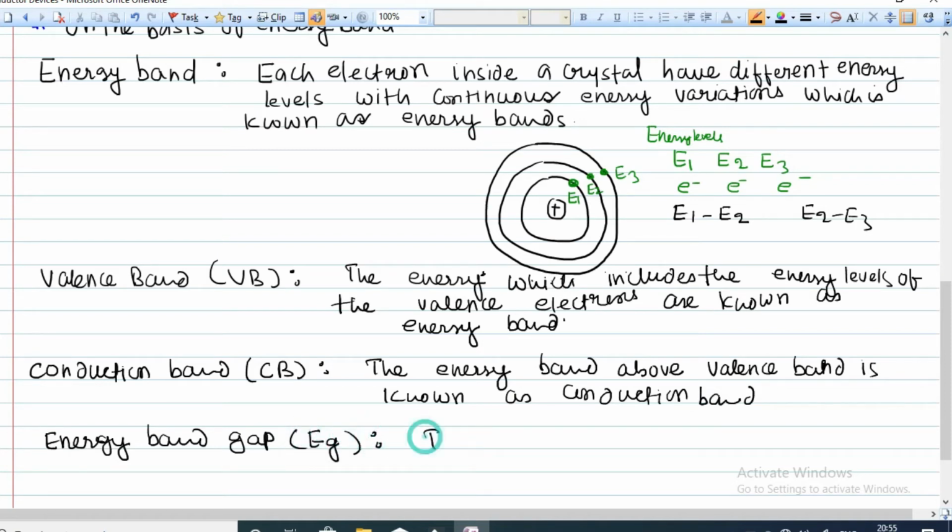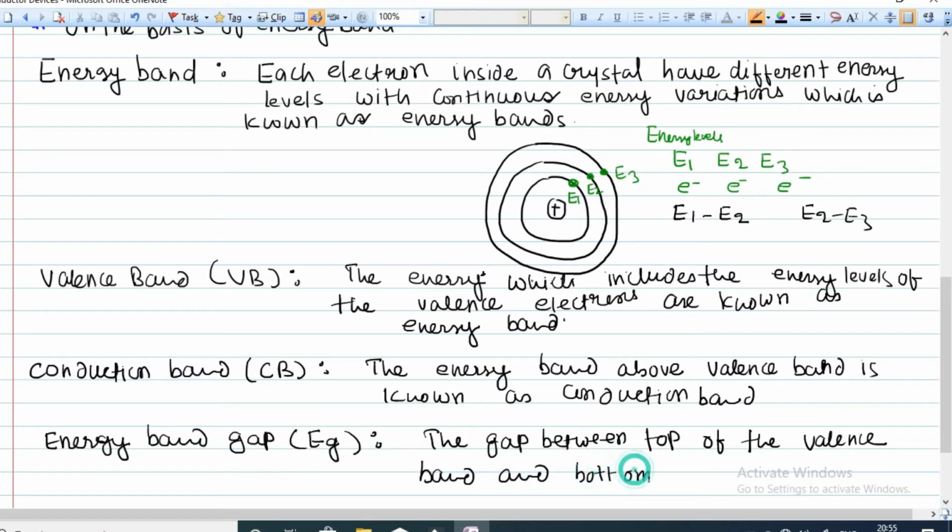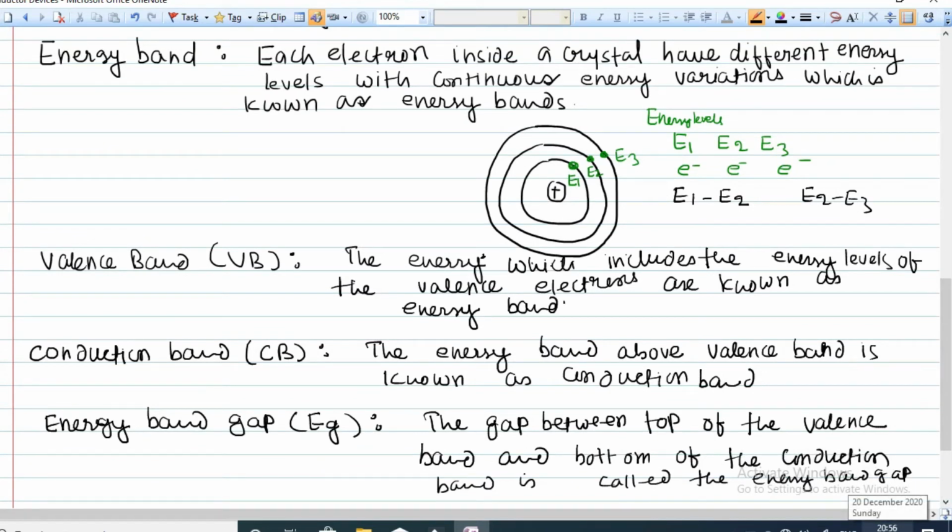It is defined as the gap between the top of the valence band and the bottom of the conduction band.